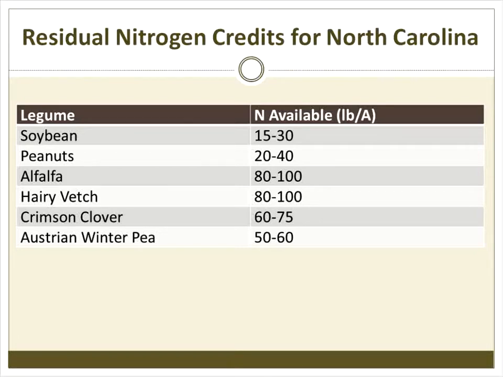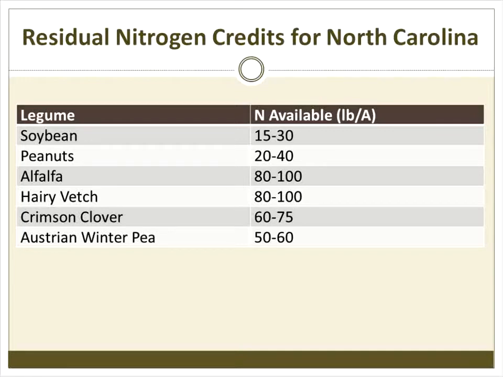So how much nitrogen do these legumes actually add to the soil system? It is dependent on the species, it's dependent on the year, it may be dependent on the soil. So in North Carolina, these are the nitrogen availability coefficients that a working group put together. It shows that soybeans will add anywhere between 15 to 30 pounds of nitrogen per acre per cropping season, whereas something like alfalfa will add anywhere from 80 to 100 pounds of nitrogen per acre in North Carolina situations.